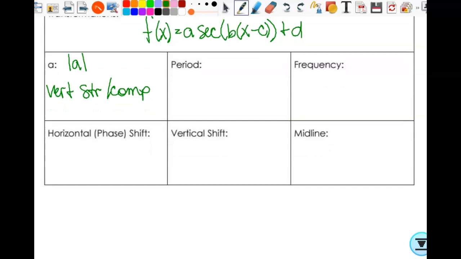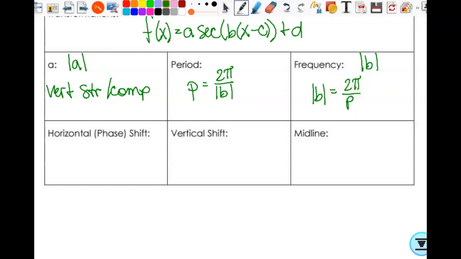To find the period, we take 2 pi and divide it by the absolute value of b. Frequency is the absolute value of b, which we get from our equation. To find it if we need to, it is 2 pi divided by the period.